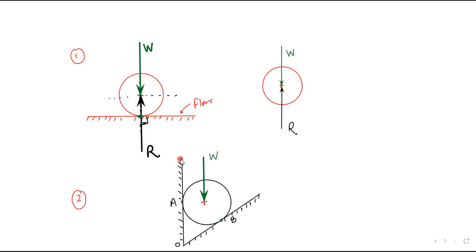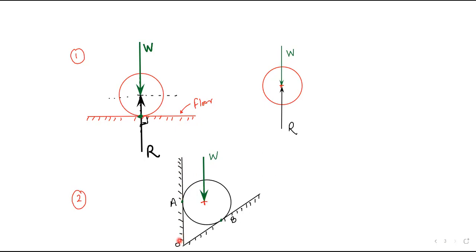I have already told you that the reaction you get from the surface is always perpendicular to the surface. Now, this surface is a vertical surface. Then how will the reaction be? If the surface is vertical, how will the reaction be?